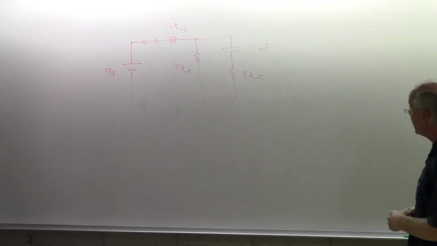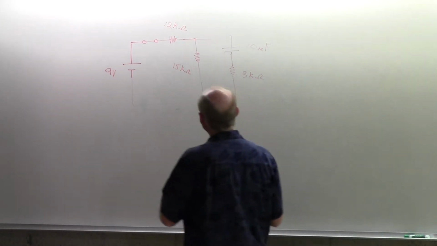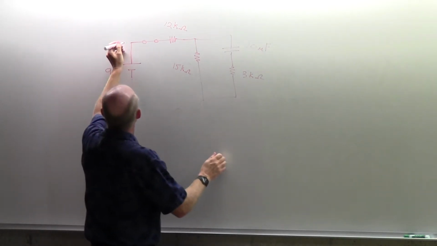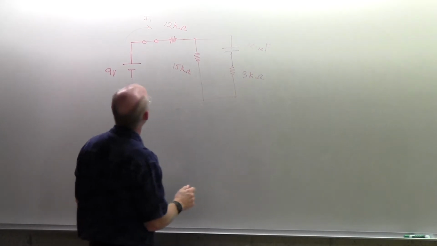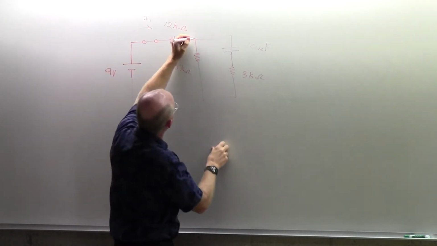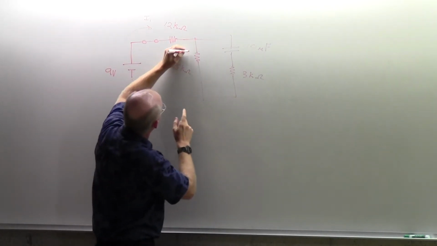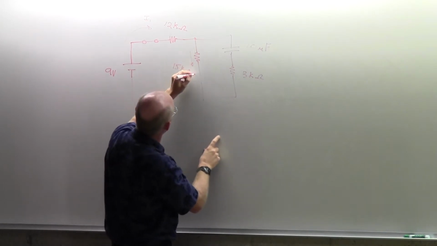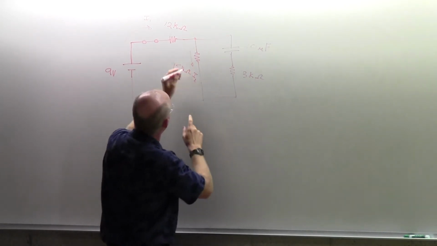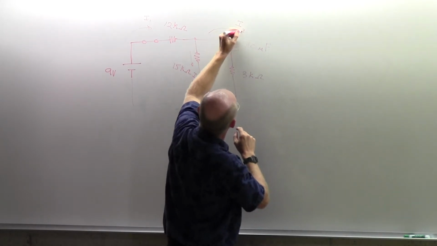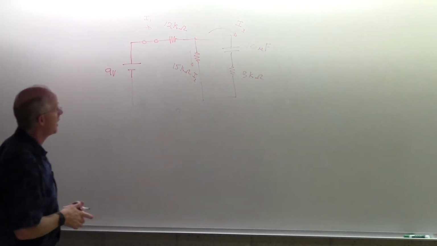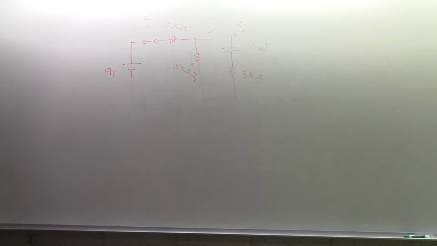And if we labeled these in terms of current, we might say something like this. All right, call this current number 1. As it flows along, it hits this node. From that node, some of it goes down, current number 2, and some of it goes through this branch with the capacitor, call it number 3.